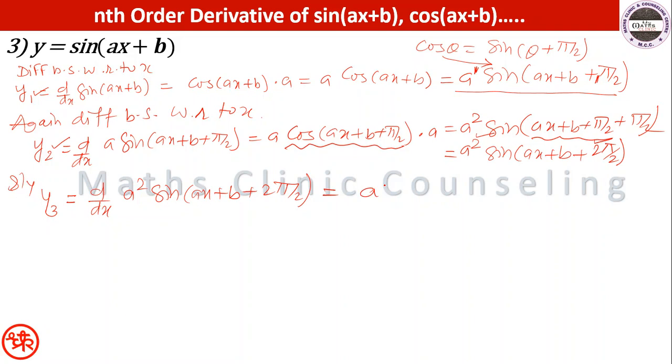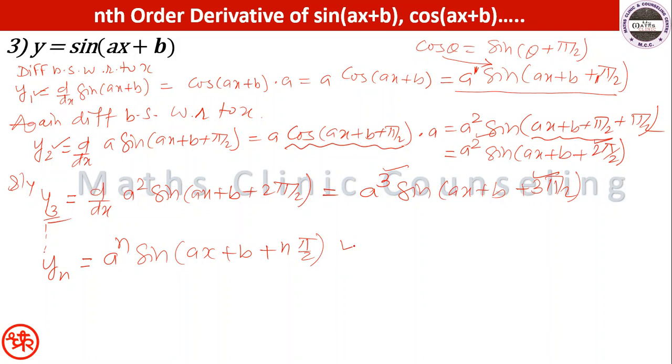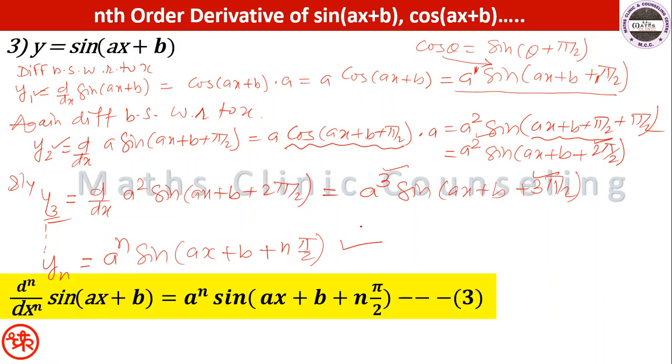So a square becomes a cube, and one more pi by 2 is added, so that is sin(ax+b plus 3 pi by 2). And if you continue this, the nth derivative will be a to the power n, where here is 3 and here is 3, into sin(ax+b plus n pi by 2). So this is the formula: d^n/dx^n of sin(ax+b) is equal to a^n sin(ax+b plus n pi by 2).